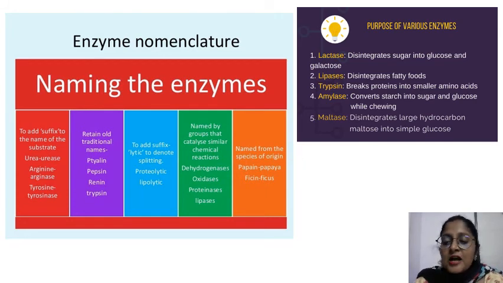So all enzymes are protein in nature, basically the key point, and they are substrate specific. They act at a specific pH and temperature, and they are biocatalysts or biological catalysts. So these are the main key points of enzyme.